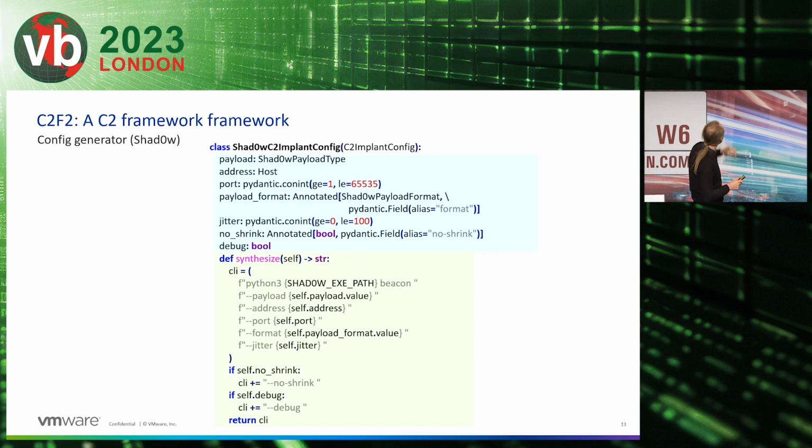The top is basically the list of parameters that is supported by this C2 framework. Code in green with the synthesize function at the bottom packs all these parameters together and produces a configuration for the framework in the format that this framework accepts.